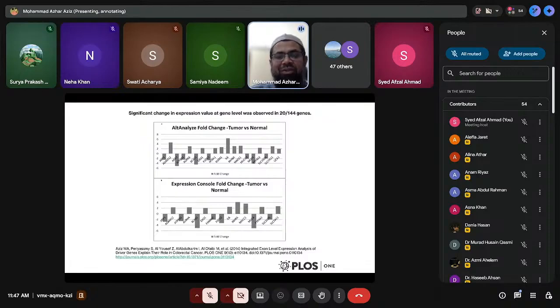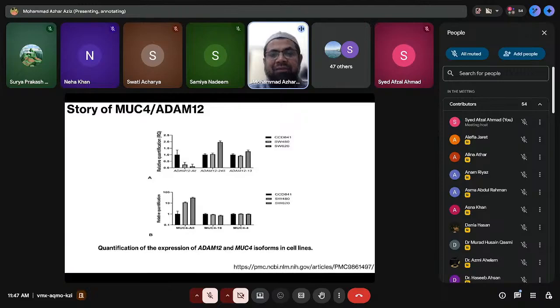Now we want to use them as prognostic biomarkers, which means we want to know how the disease will progress, and whether these two molecules can tell us about the different stages of the disease. For that, we needed a cell line model because you can't do these studies in patients unless you have very good data at the preclinical and cell line level.